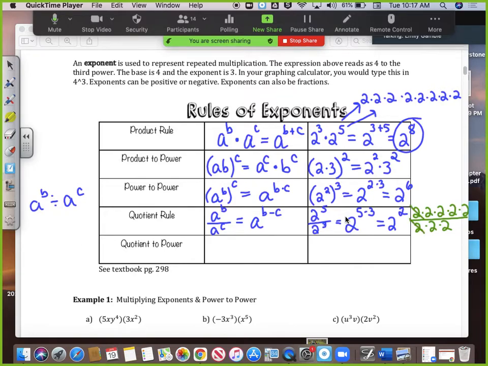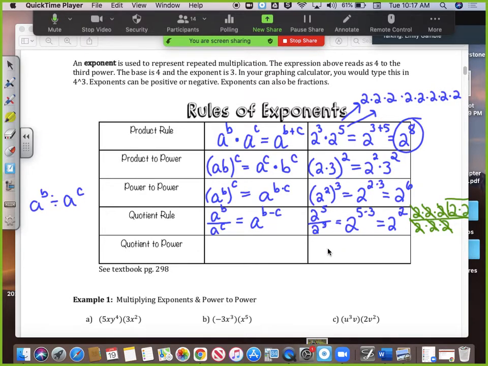So this pair of 2's cancels. This pair of 2's cancels. This pair of 2's cancels. You're left with 2 times 2 in the numerator, which is 2 squared, which is also equal to 4. So that's where this rule comes from. You're subtracting the exponents because each pair will cancel out.